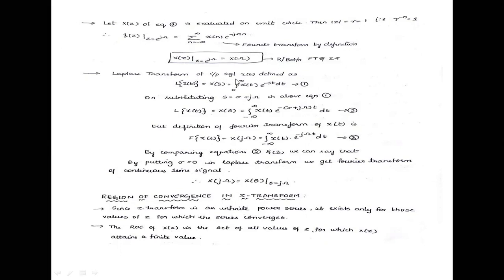Now the Laplace transform and the z transform. According to the definition of the Laplace transformation, X(s) is equal to the integral from 0 to infinity; I'm taking only the unilateral Laplace transformation, x(t) e^(-st) dt.